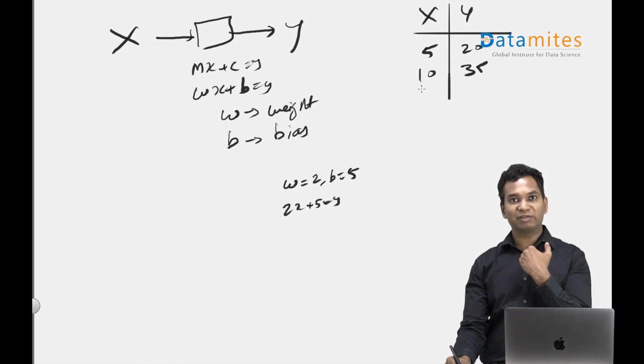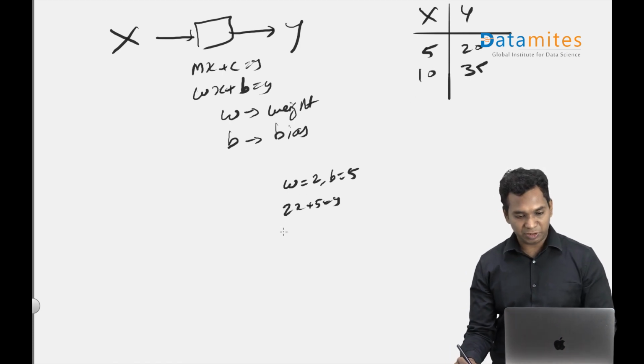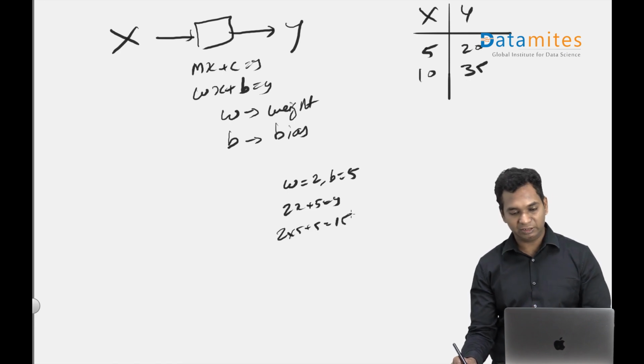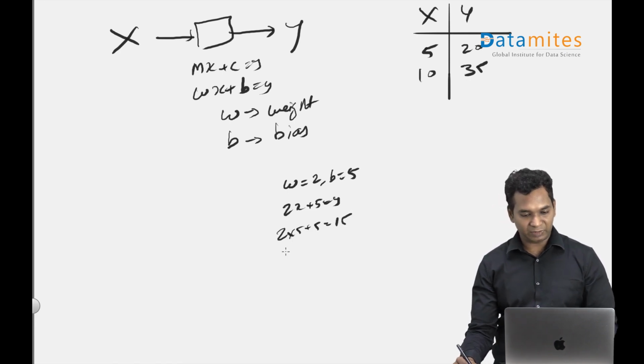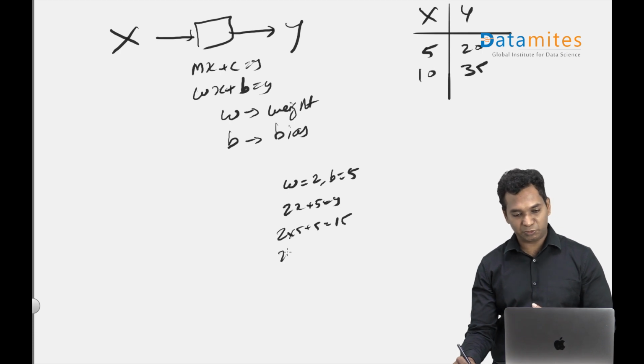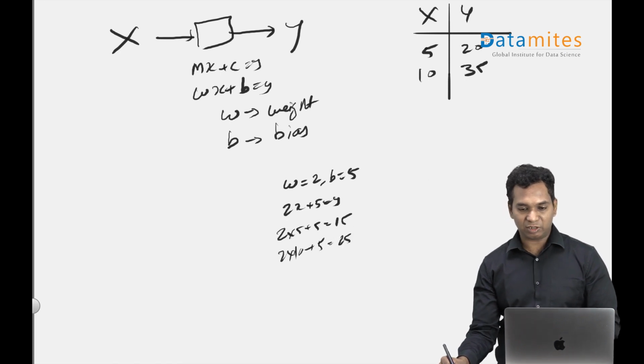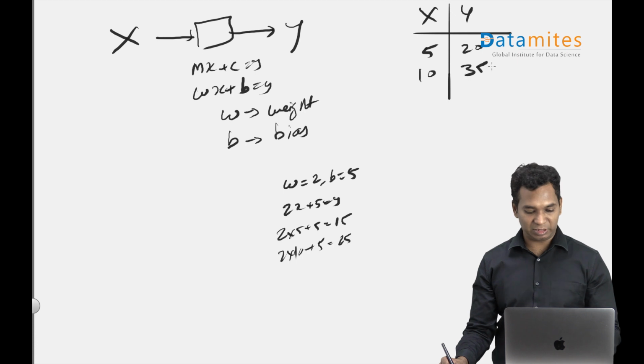And we put the first value, x is equal to 5, so it becomes 2 into 5 plus 5, which results in 15. Okay, and the next value is 10, so it's 2 into 10 plus 5 is equal to 25, but the actual values are 20 and 35 correspondingly.